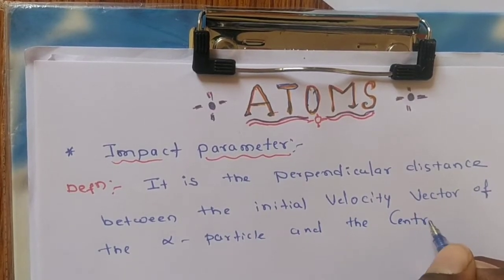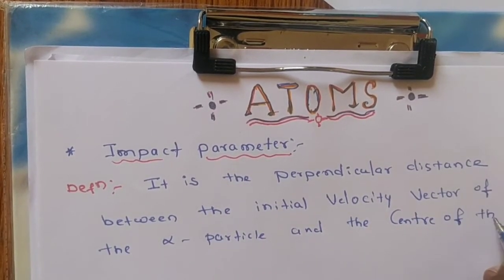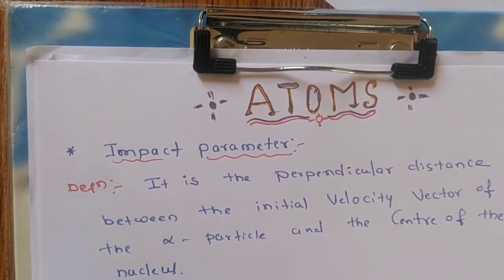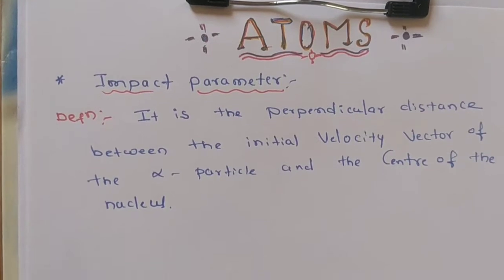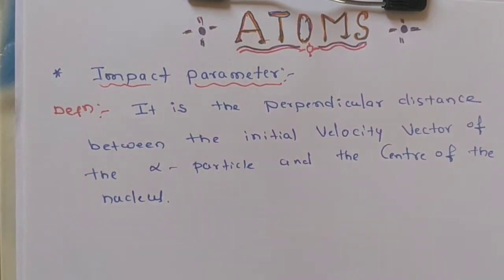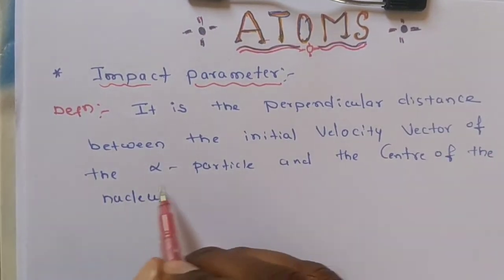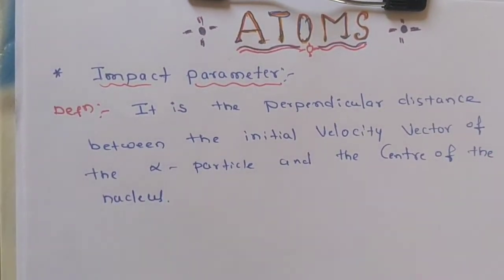This is very important for 2 marks. It is the perpendicular distance between the initial velocity vector of the alpha particle and the center of the nucleus.